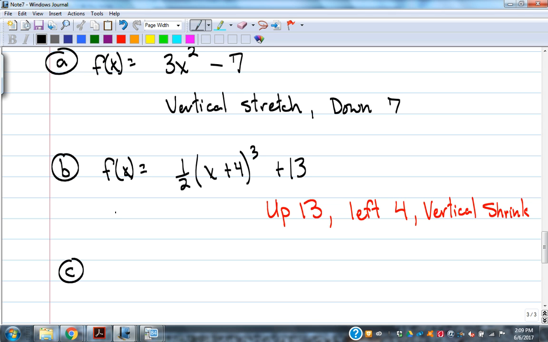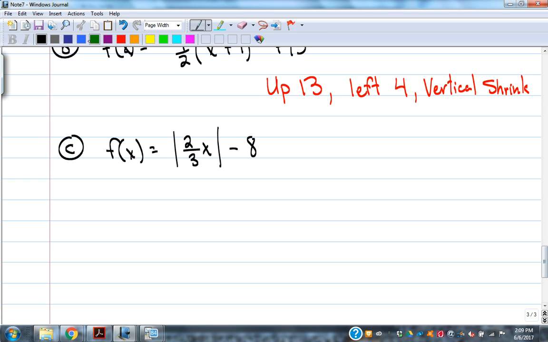Let's try another one. Absolute value of 2/3 x minus 8. What does the minus 8 on the outside do?